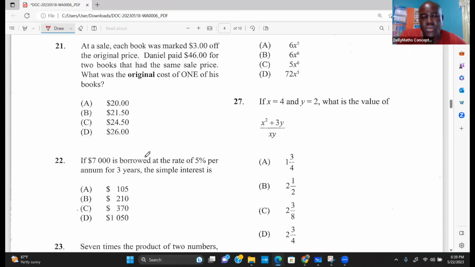All right, the next question says, at a sale, each book was marked $3 off the original. Daniel pays $46 for 2 books, same sale price. What is the original cost? Anybody want to tell what they think?